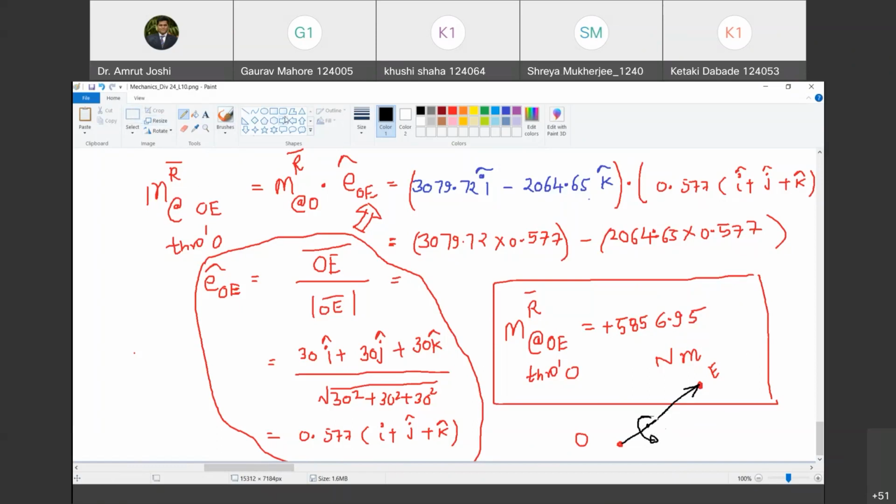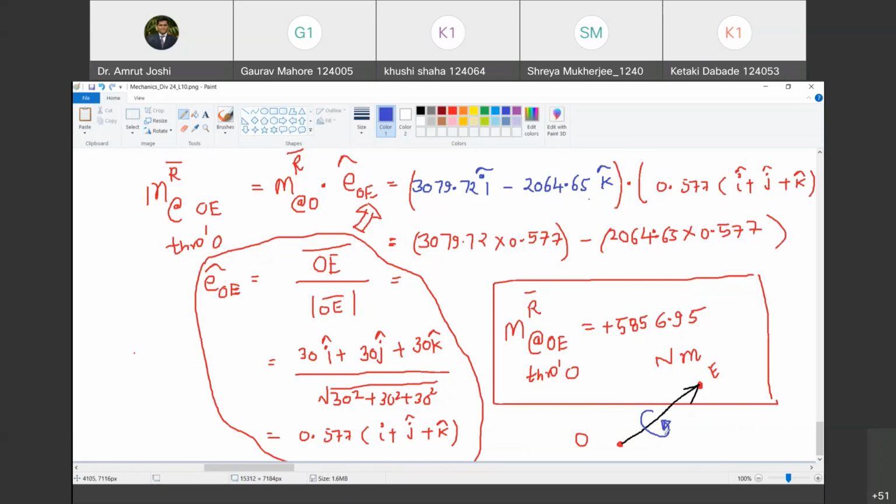Sometimes it depends on in which perspective you are looking. So I will come and show it, one minute. So right hand thumb is in this direction. Let us consider. Okay, now it is this way.